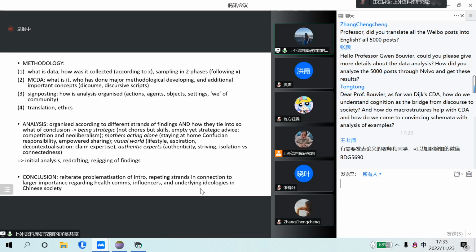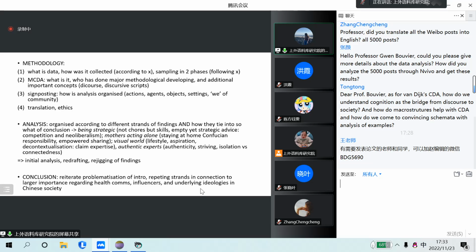So of course, it didn't come out like this. It did come out like this in the article, but when I first did the analysis, there was a lot of redrafting, there was rejigging because I was working through it as I went along. So you never just go, this is the analysis done. An analysis goes through many, many iterations of kind of getting things right.